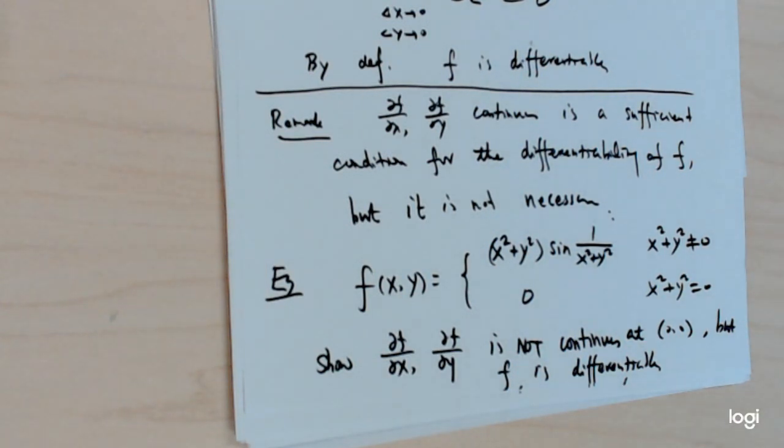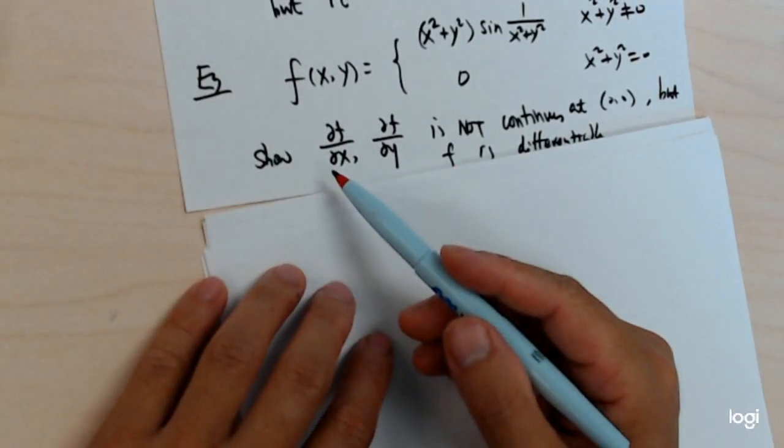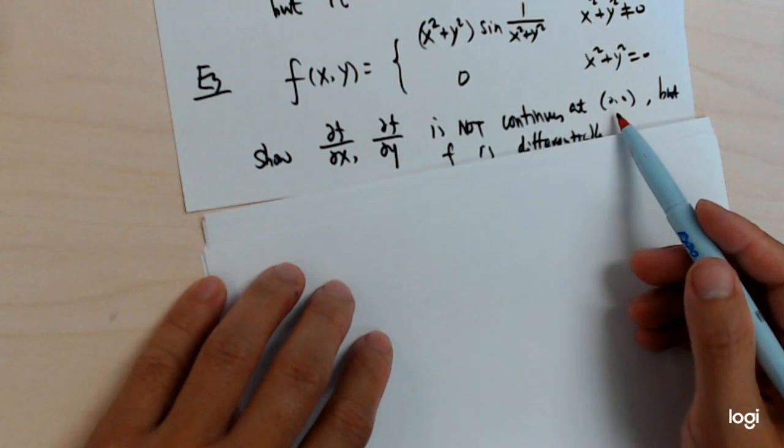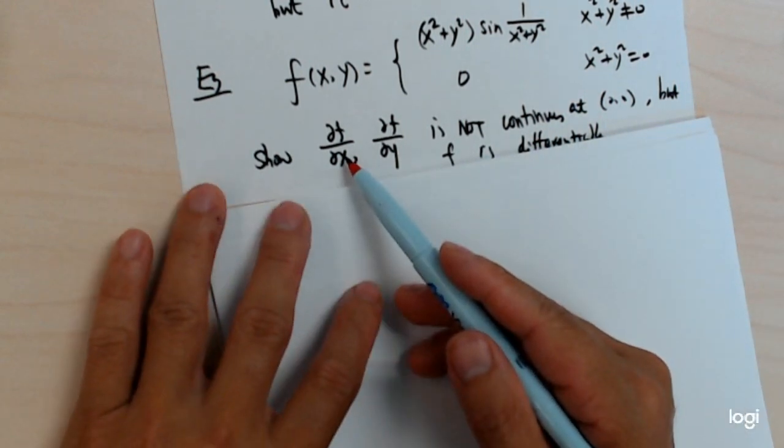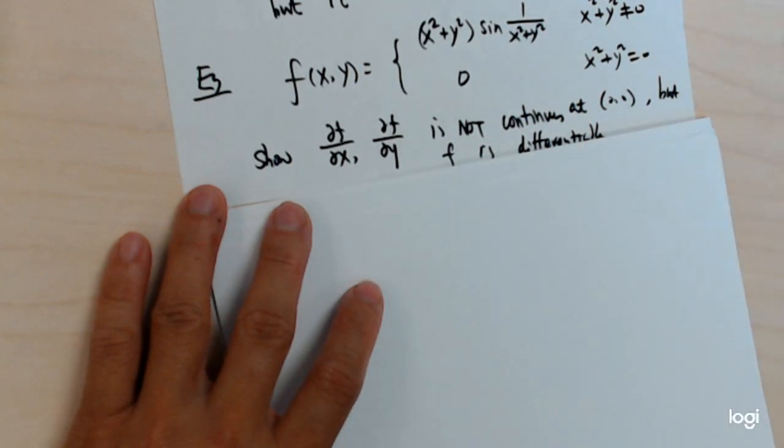So let's look at this example here and think about why the partial derivatives are not continuous. To talk about continuity of the partial derivative at 0, 0, I have to calculate the partial derivative at 0, 0 and the partial derivative away from 0, 0, okay?